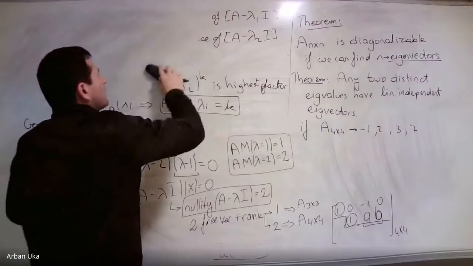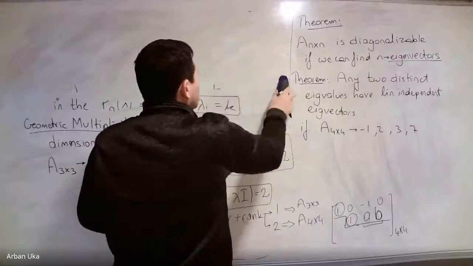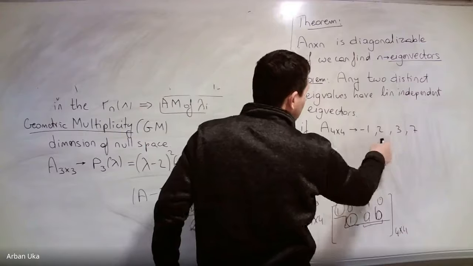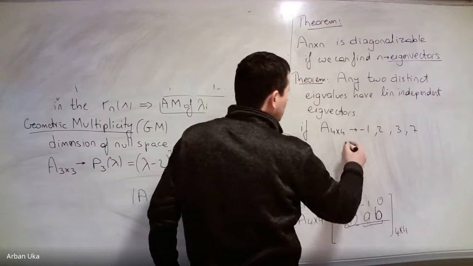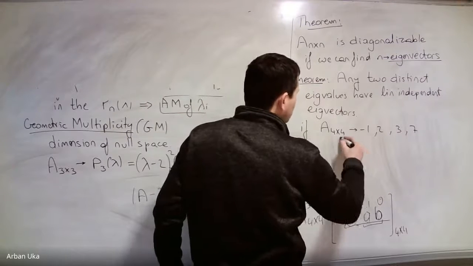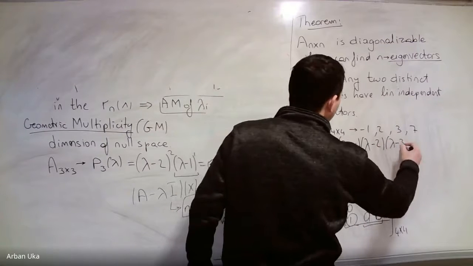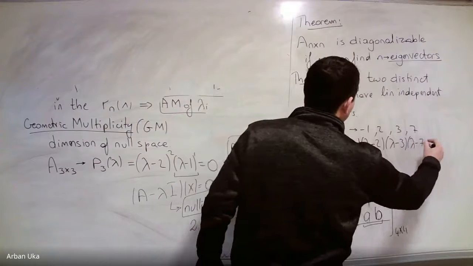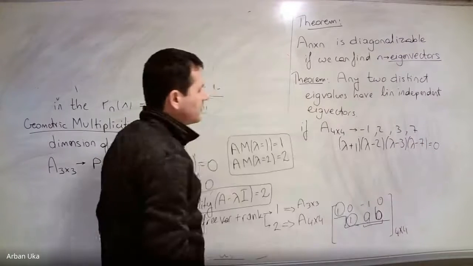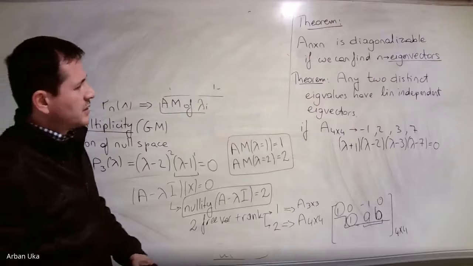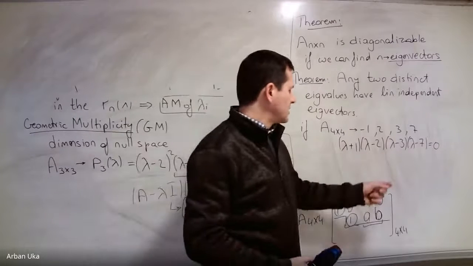This is going to be diagonalizable because since they are distinct from each other, the characteristic equation is going to look like this: lambda plus 1 times lambda minus 2 times lambda minus 3 times lambda minus 7, equal to 0. All of them are distinct. The algebraic multiplicity for each one of them is 1.